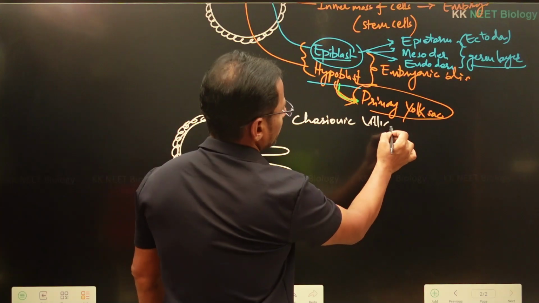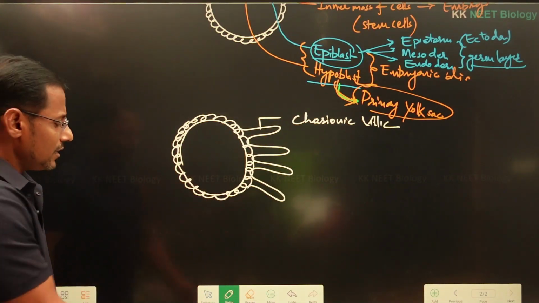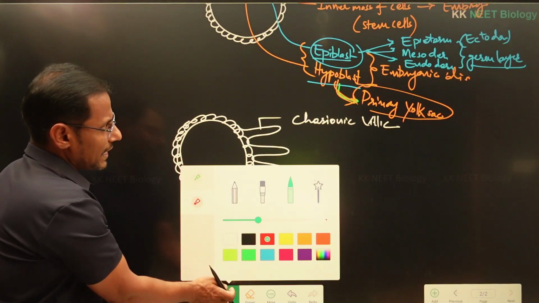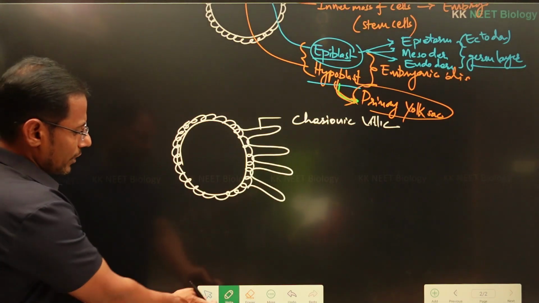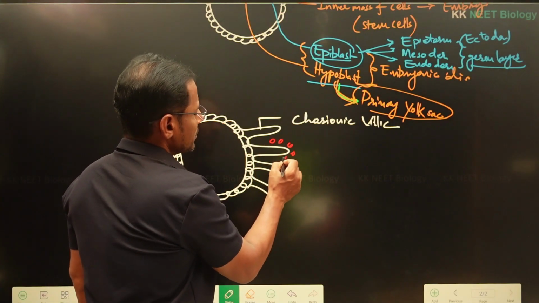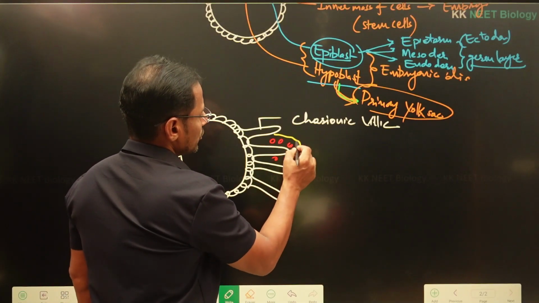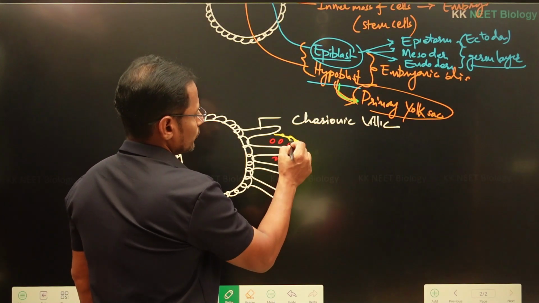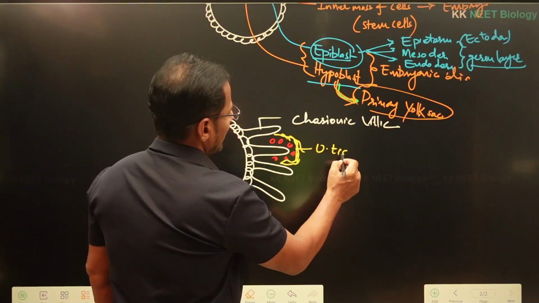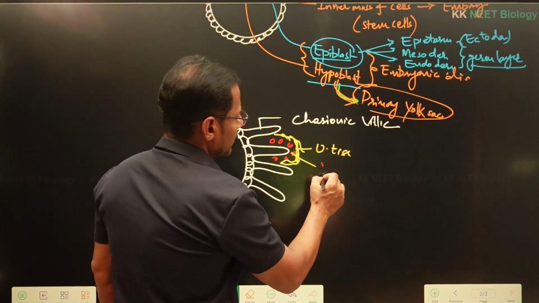They are going to penetrate into the uterine wall of the mother. Around these chorionic villi, there is the mother's blood as well as uterus tissue. Assume that this is the uterus tissue, and this is the maternal blood, or we can say the mother's blood.